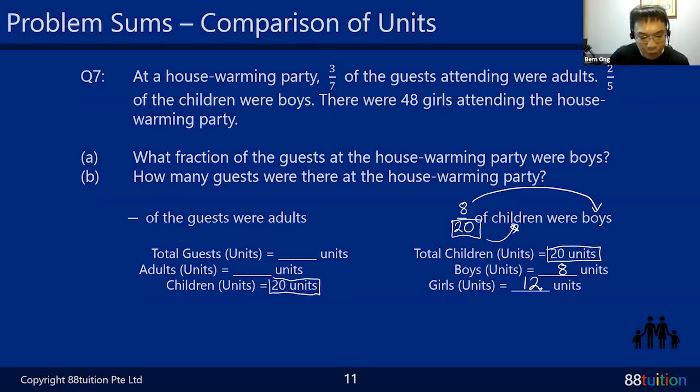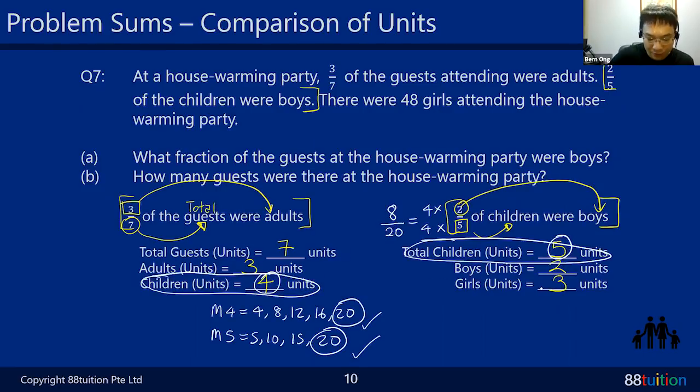Then go on to the other side. The children down here, I need to times 5 to give me 20 units. So when you times 5 for the children, you have to be fair to everybody. Everybody down here also must times 5. So 7 times 5 will give you 35 units. 3 times 5 will give you 15 units.